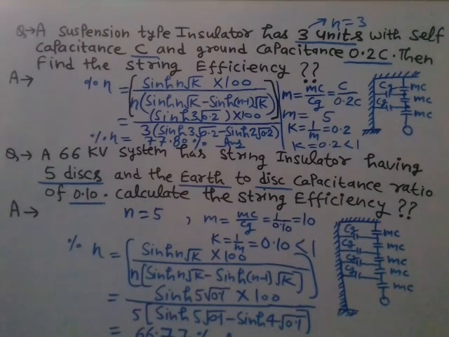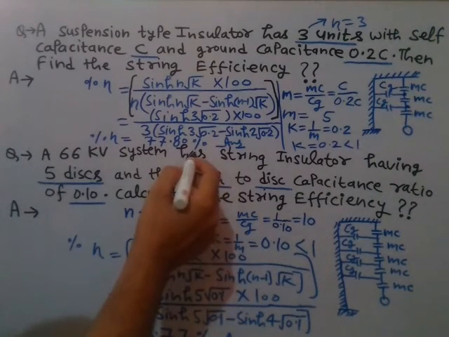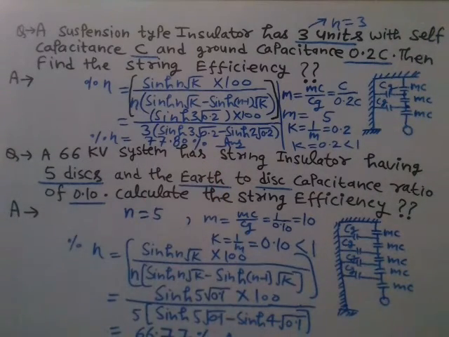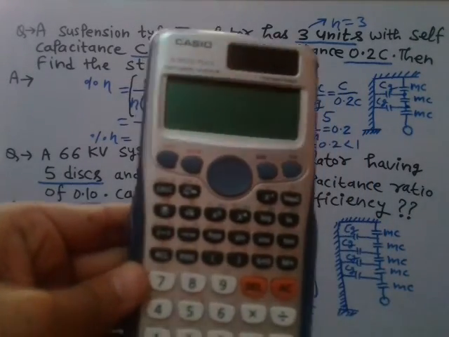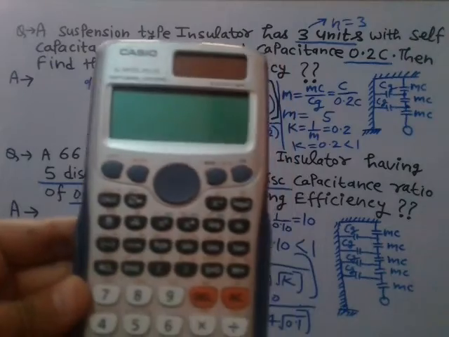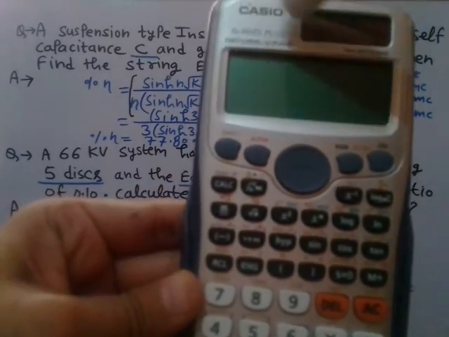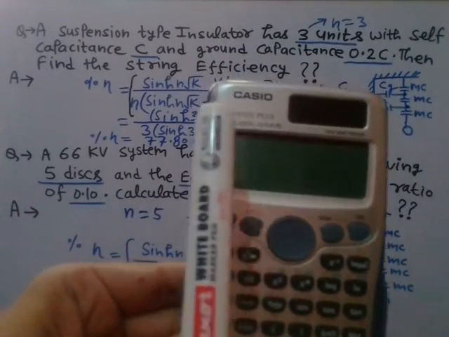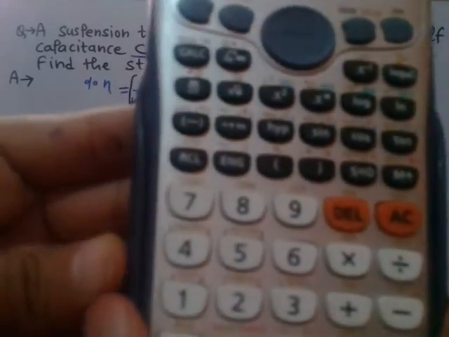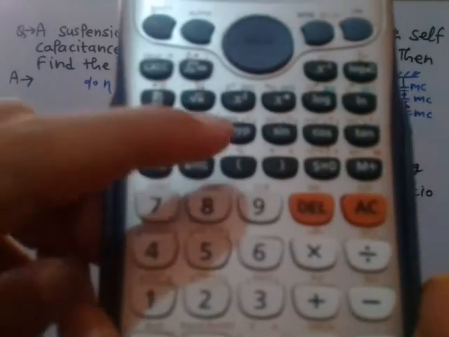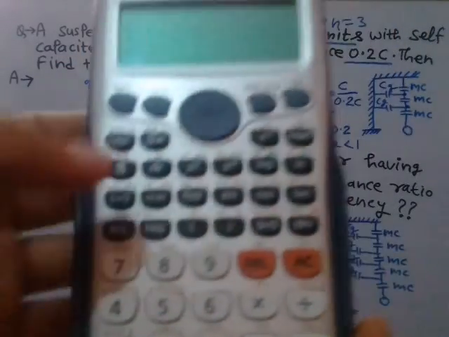Let me show you the calculator. Every scientific calculator has the sinh function. I have the calculator here, the Casio fx-991 ES Plus. Here you see the hyperbolic function is given like this.